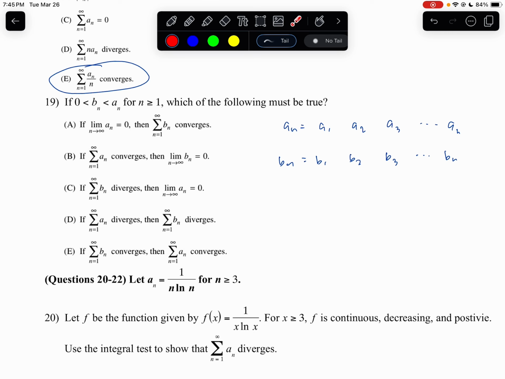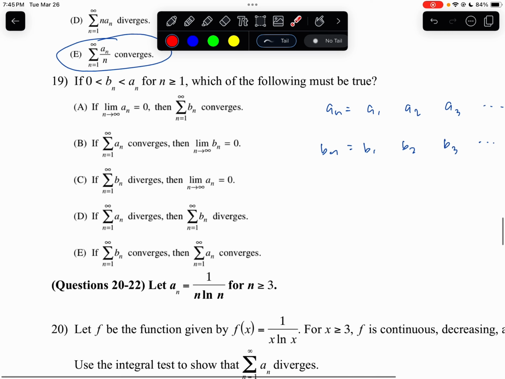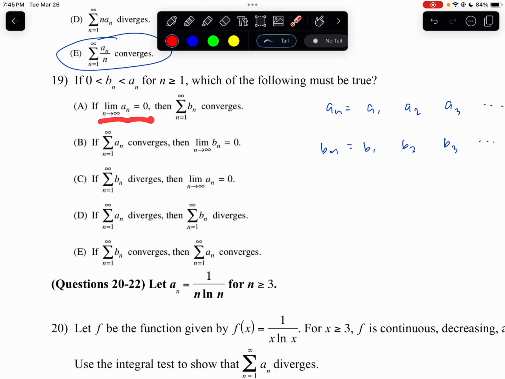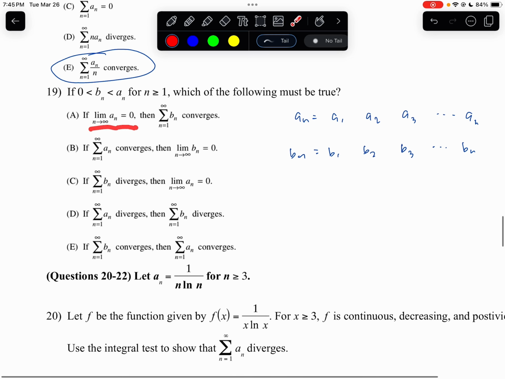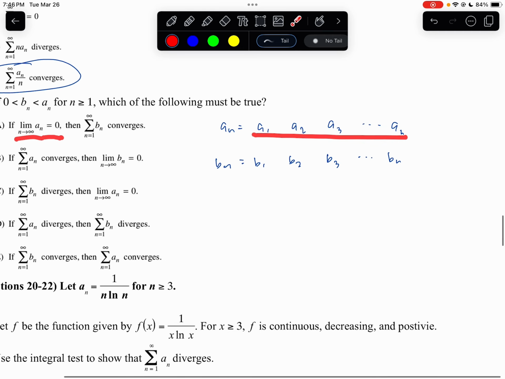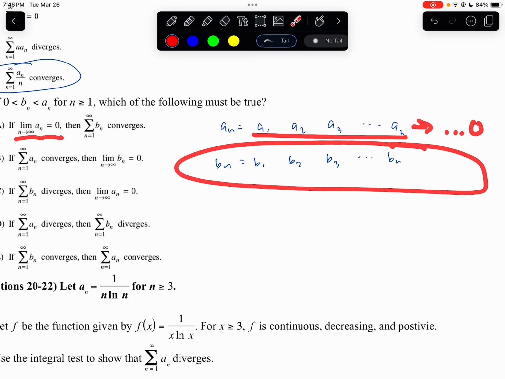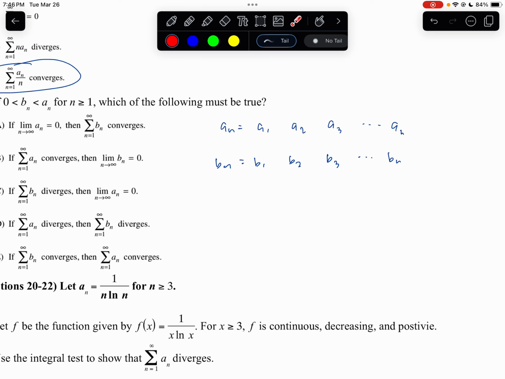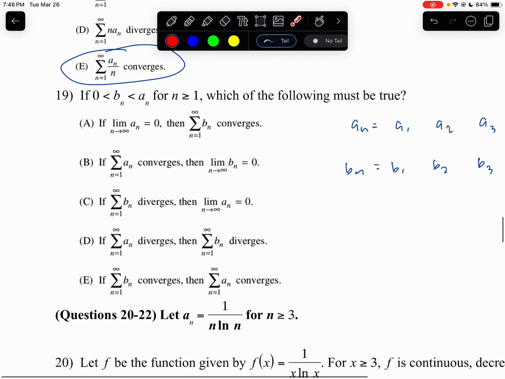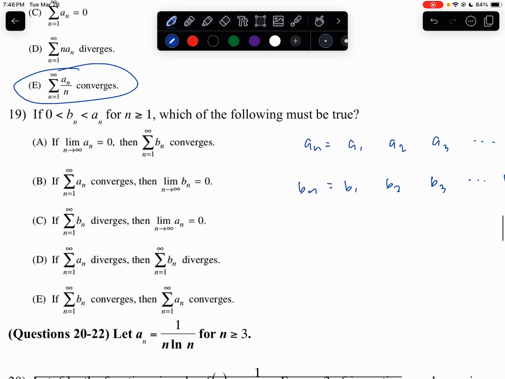Okay, so let's see. If the limit as n approaches infinity of this one, so the terms of the series, is going to eventually be 0, then this series right here is going to converge. This is like the nth term test right here. And the nth term test proves divergence, not convergence.